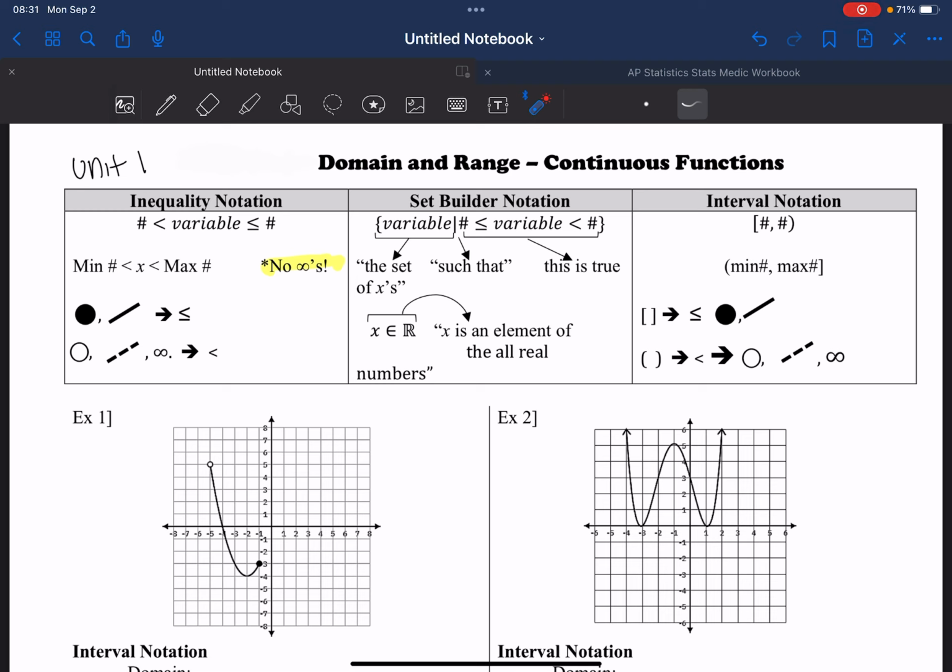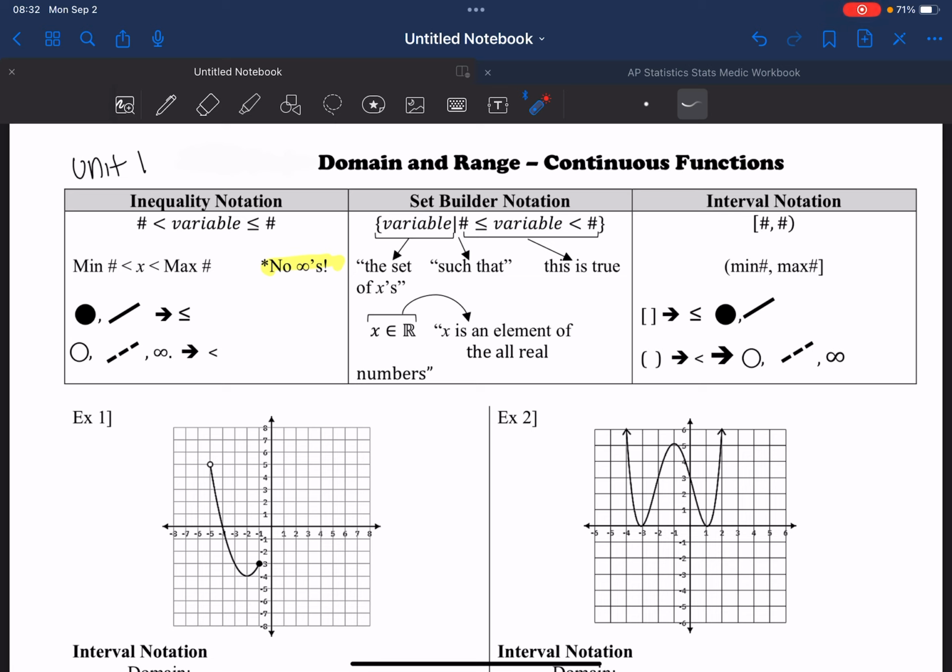The next one we have is set builder notation. Set builder notation takes the variable, so let's say in this case x, and then it does a vertical bar that stands for such that.